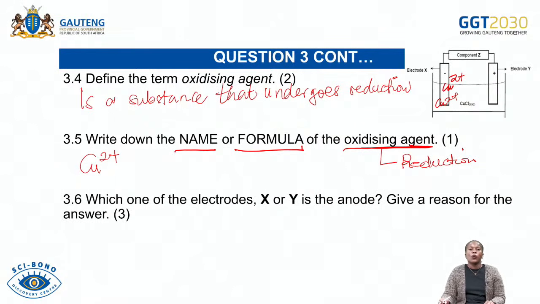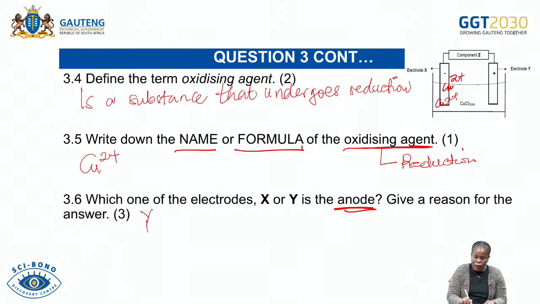3.6, which one of the electrodes, that is X or Y, is an anode? Remember, your positive electrode is your anode. Okay, so we've got the X this side and we've got Y that side. So it's very simple.